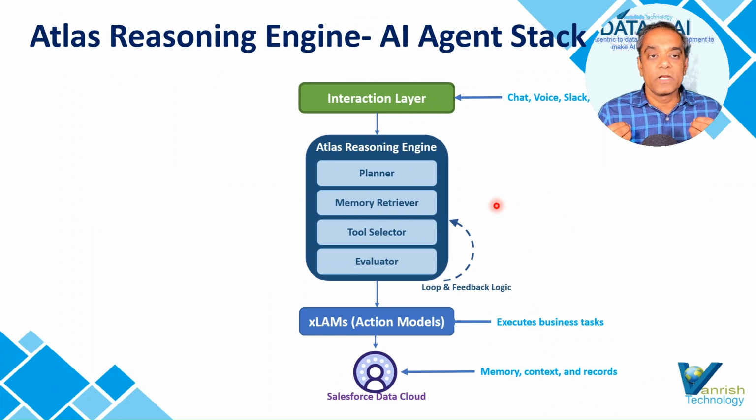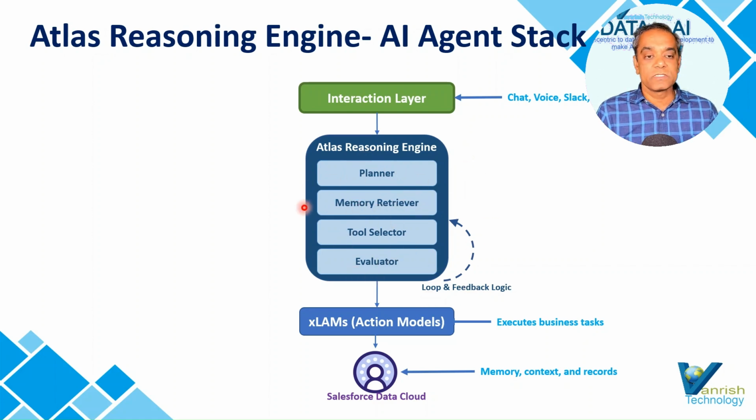Suppose that you are interacting with the AI agent. Here the interaction layer comes into the picture, where you're chatting or talking with any AI agent, or Slacking. That information is directly sent to the Atlas reasoning engine, going to the four different key components: planner, memory retriever, tool selector, and evaluator.